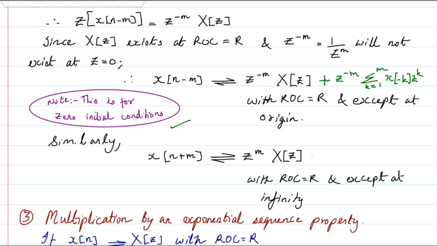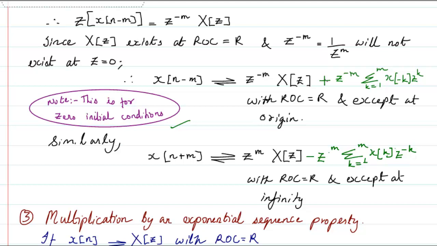Similarly for this equation, it will be minus z raised to power m, summation k is equal to 1 to m, x of k z raised to power minus k.